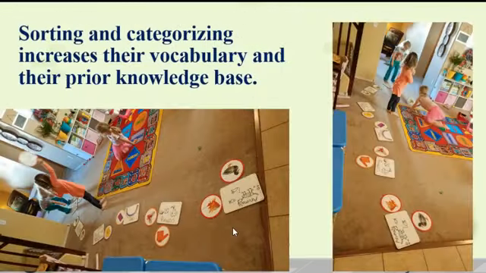Here's an example of how we practiced our sorting. I had a bunch of gigantic pictures of items, and you can see that we've got this all spread out because I wanted to make it a very gross motor type of activity where they had to move while they were participating. The point of the activity was that I would hand them a giant circle, or they would take a giant circle, and they'd run it across the room to these boards here. And the boards are the different categories.